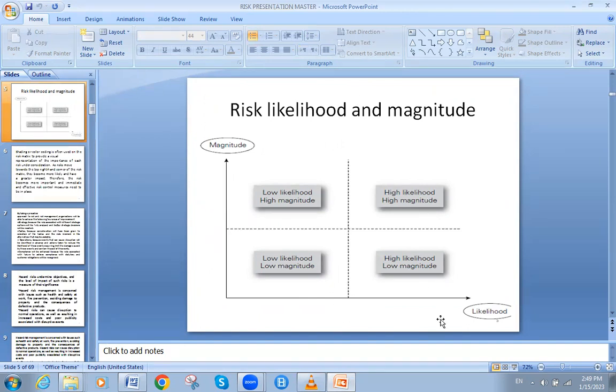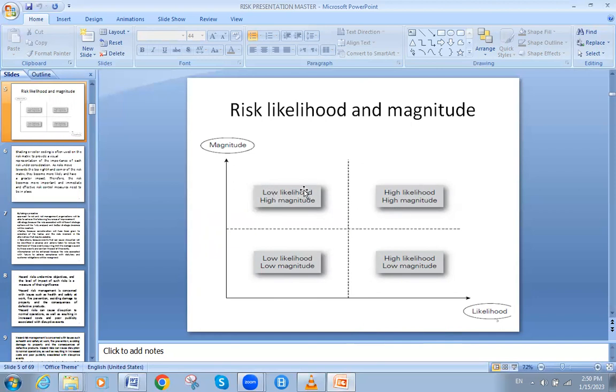We have four types based on the location of the risk. In this area, for example, there is low likelihood and low magnitude, it's low for both of them. This area is high magnitude and low likelihood.